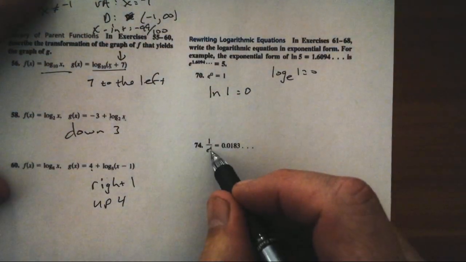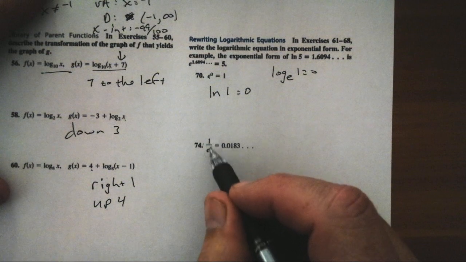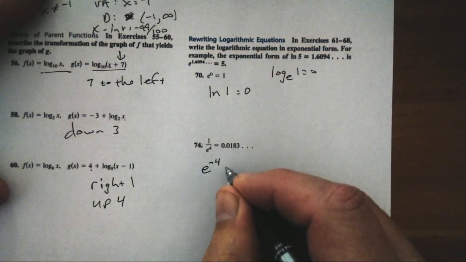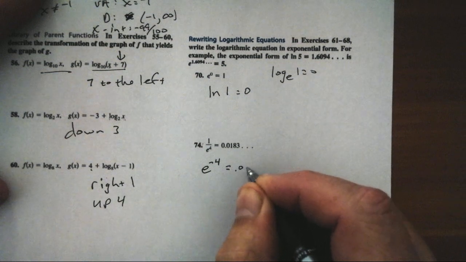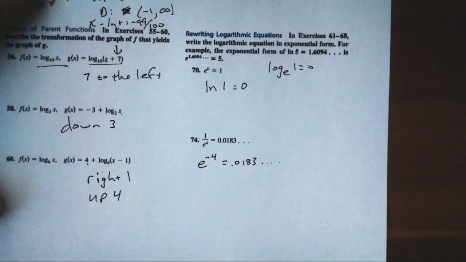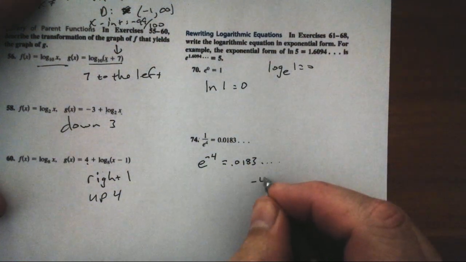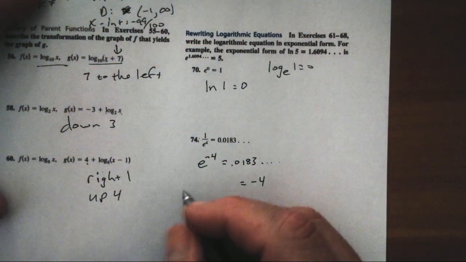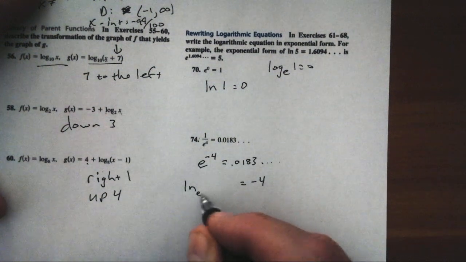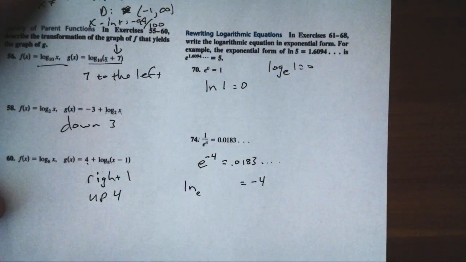How about this? Can we write this without the fraction? 1 over e to the 4th is the same as e to the negative 4. And that equals some irrational number. So negative 4 is the logarithm, which is log base e, ln, and I'll have people do this from time to time. It doesn't bother me, especially as you're learning.